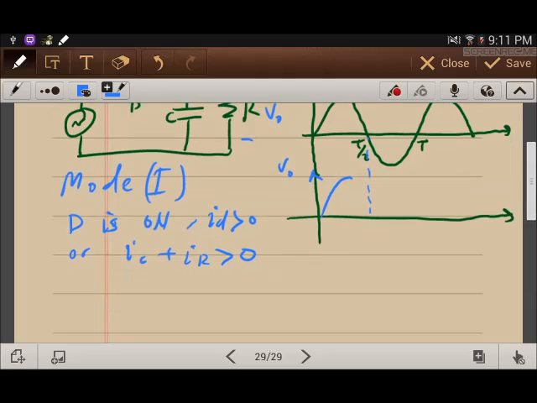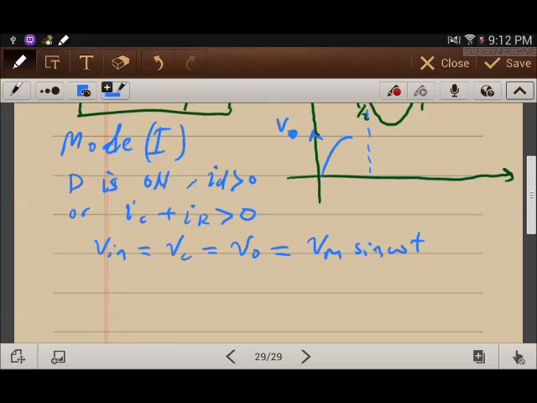At this mode, the output voltage across the load is equal to the input voltage, which is equal to the capacitor voltage, or the output voltage. So this is all equal to V maximum sine omega t.